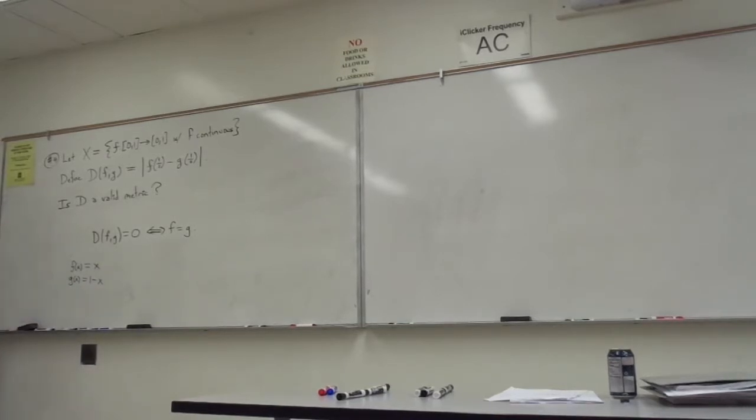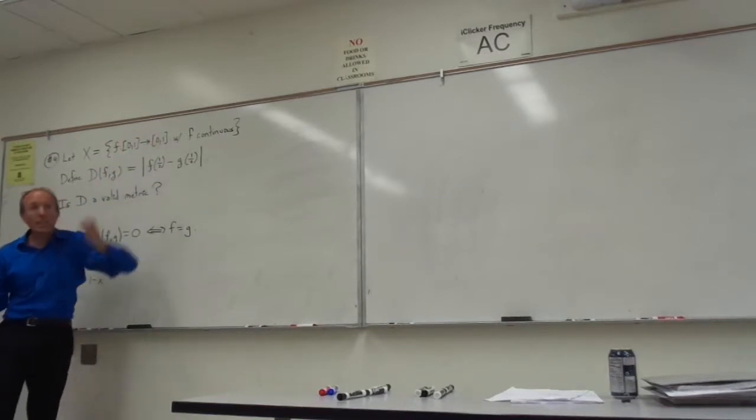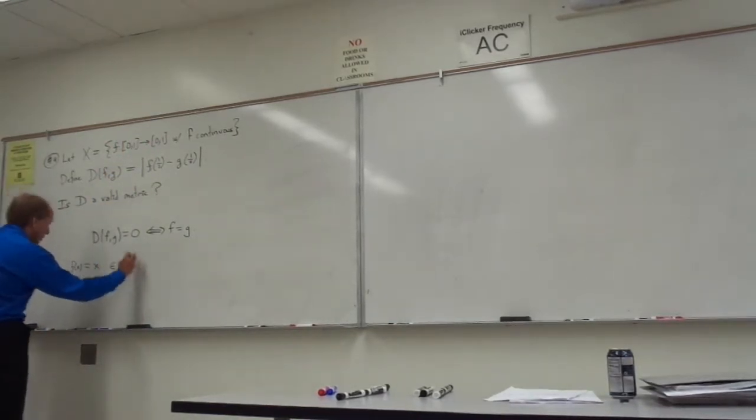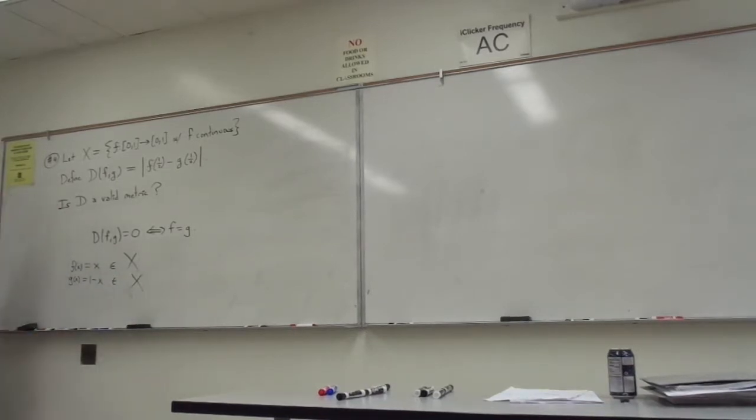So those two functions right there, on this domain, they're definitely continuous, right? They're in X for sure. So this is in the space. And I agree, because f of 1/2 and g of 1/2 are both the same.